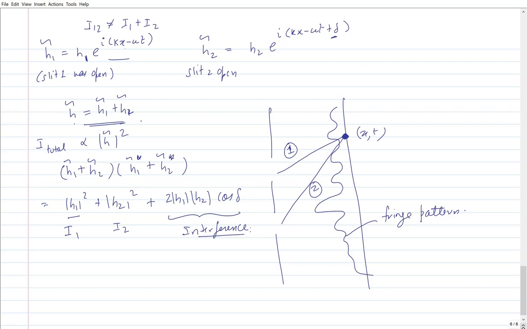A central difference is that over here at x or t, I'll have a continuum of intensities, unlike the case of bullets. And also the fact that I see some sort of an interference.